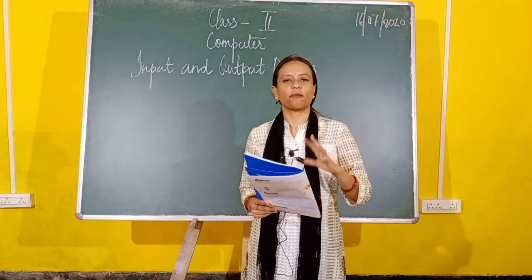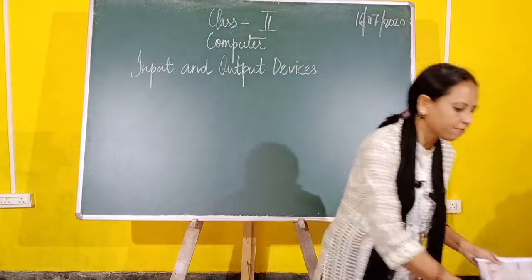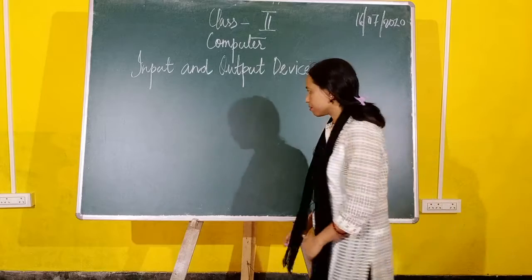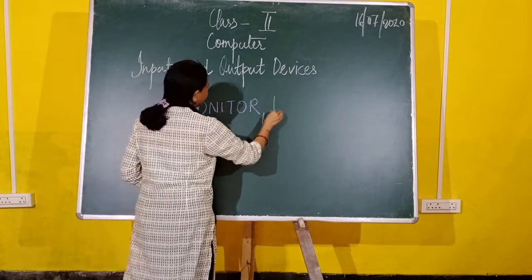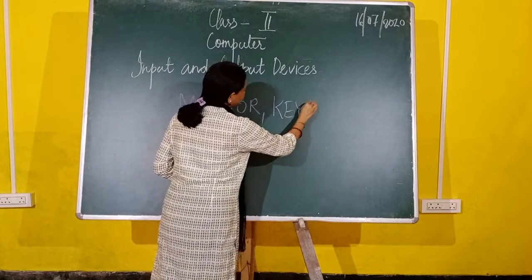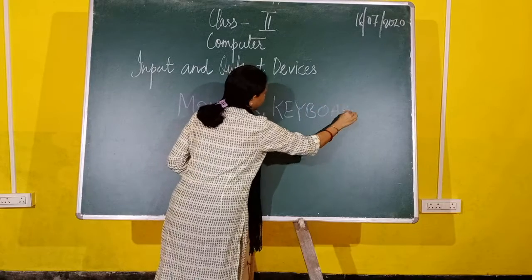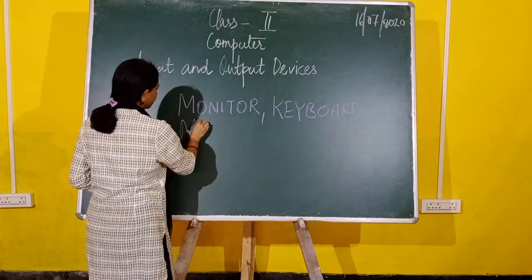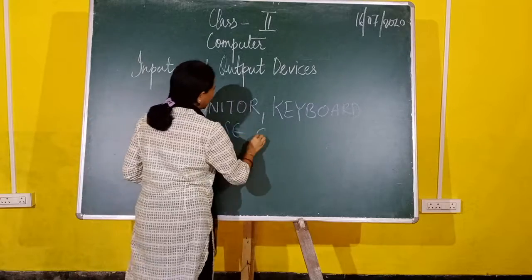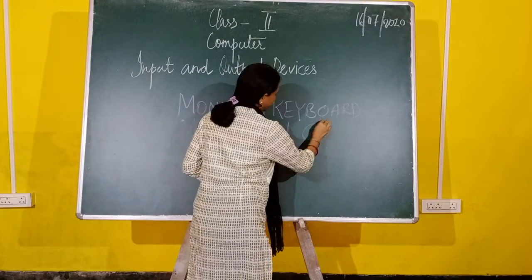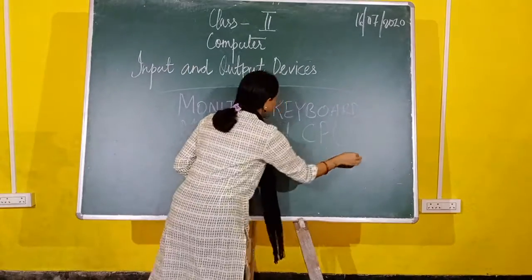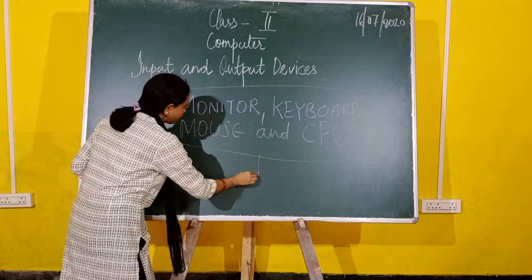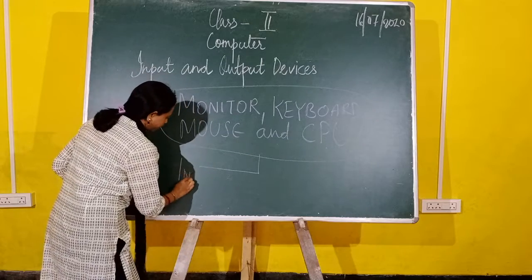These 4 parts are again divided into 4 important parts like monitor, keyboard, mouse and CPU.